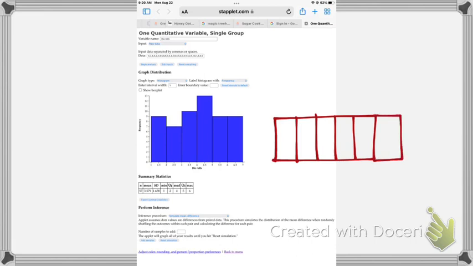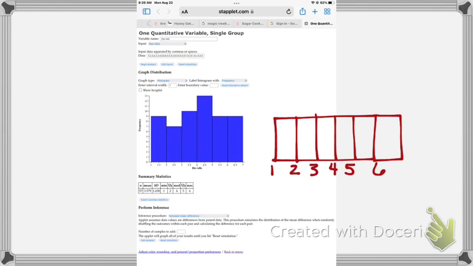This would be from 0 to 1, and 2, 3, 4, 5, and 6. Actually, I need to scoot that back here. There we go. And what we would see is that however many trials we had, the height of that bar is going to be 1 whatever.